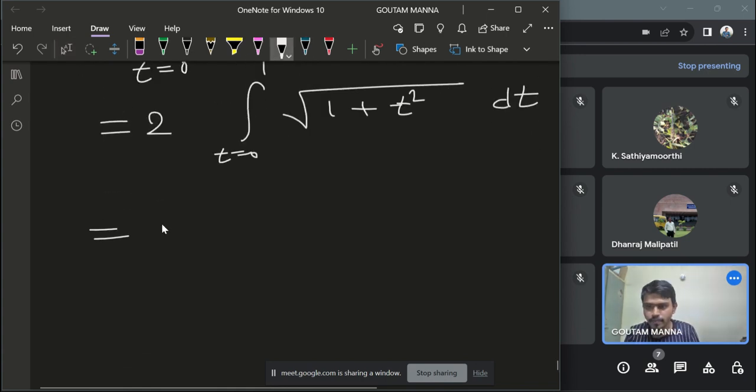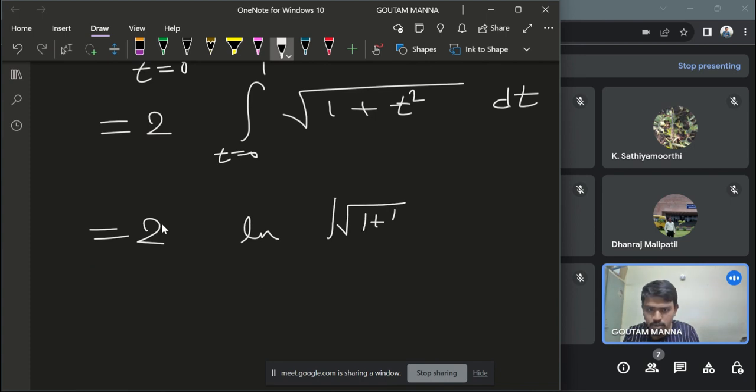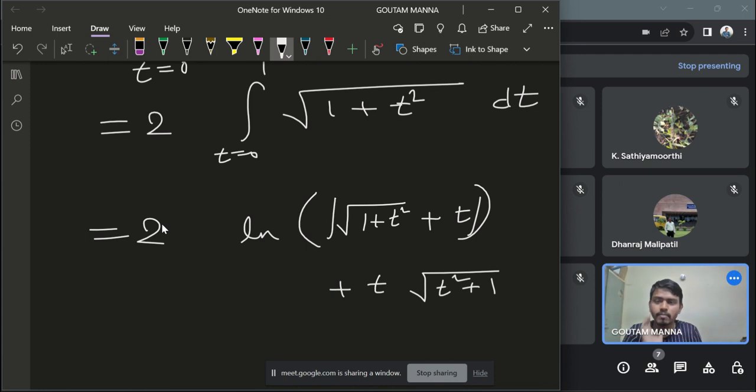It is ln of mod of root under 1 plus t square plus t, plus t times root under t square plus 1, and from t equals to 0 to 1.